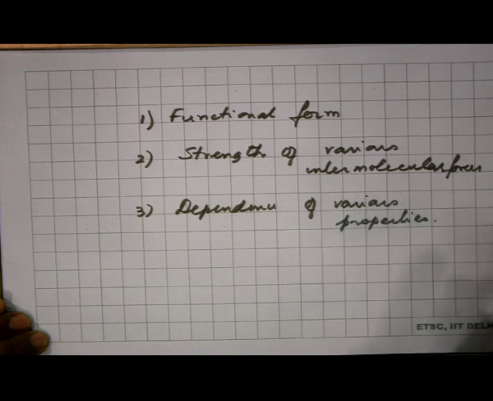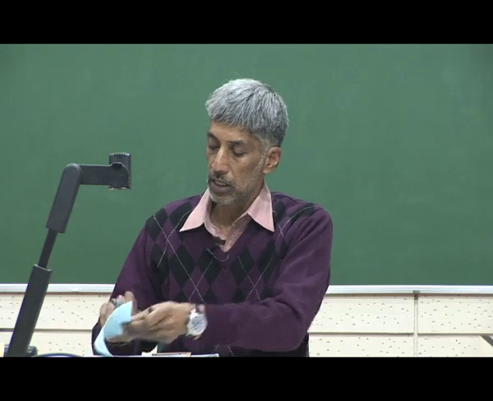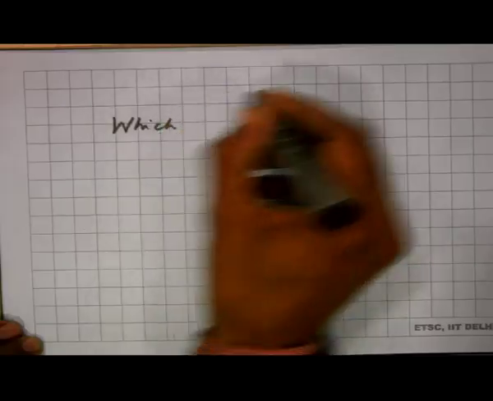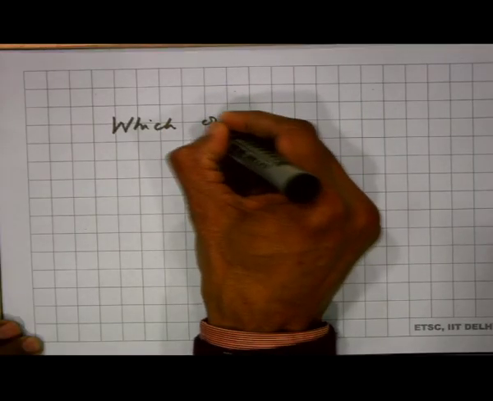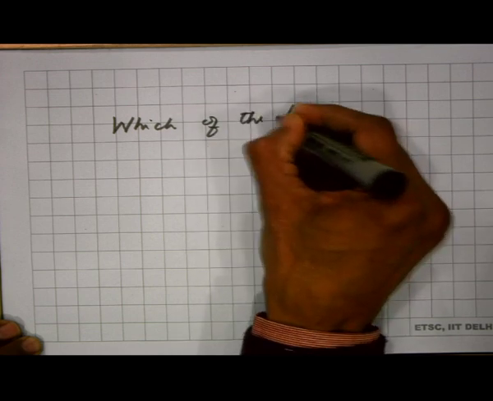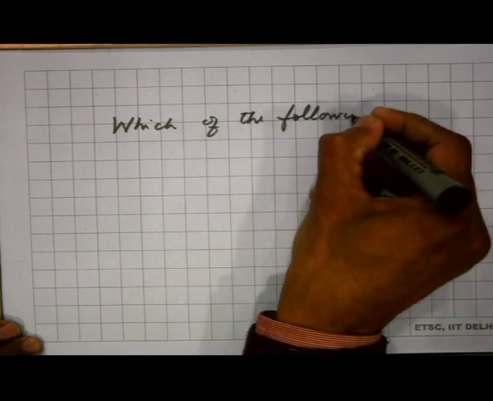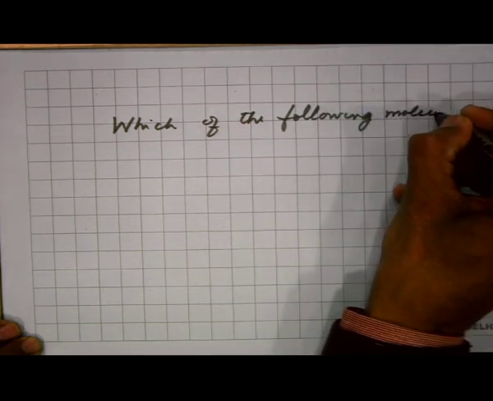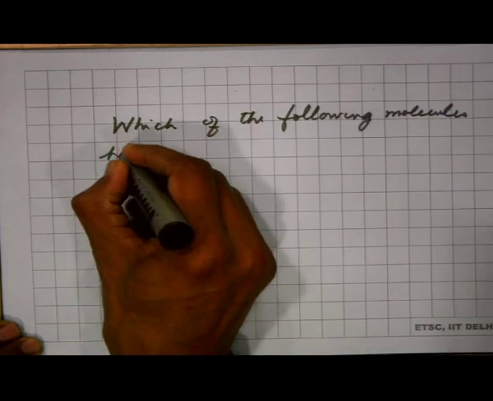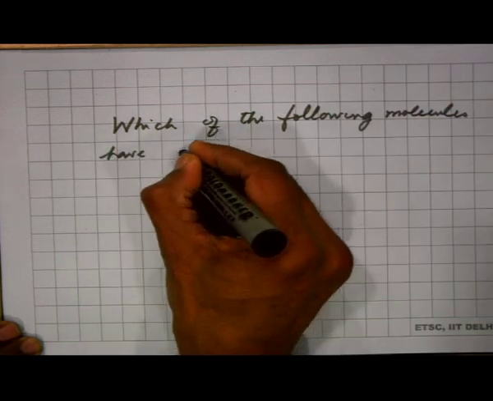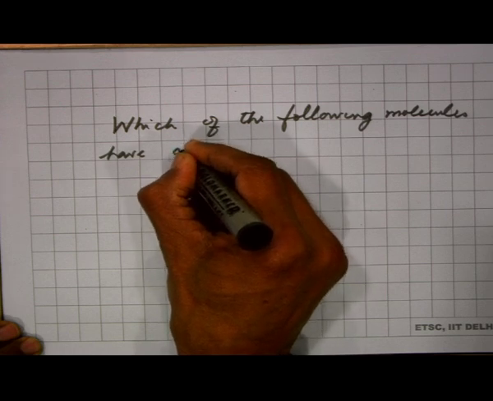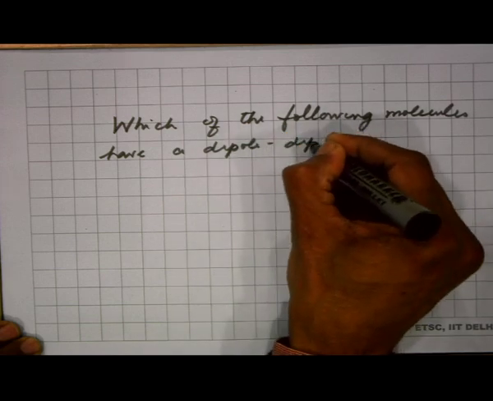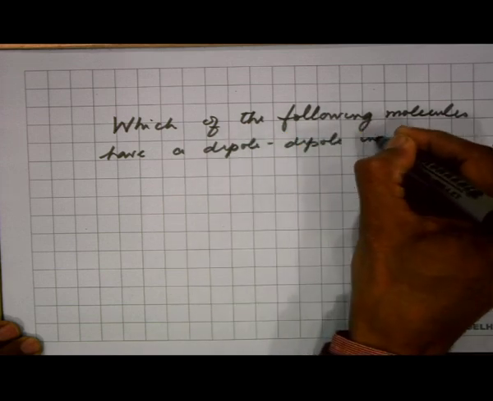So, as an example of what we discussed in the last class, let us try and answer the following question: which of the following molecules have a dipole-dipole interaction or show dipole-dipole interaction?